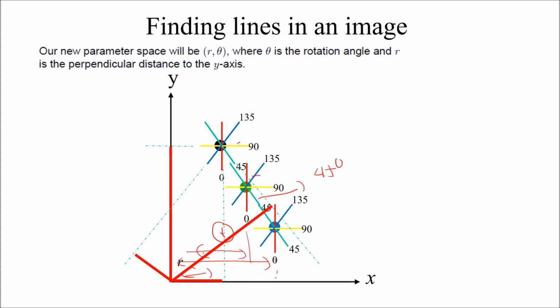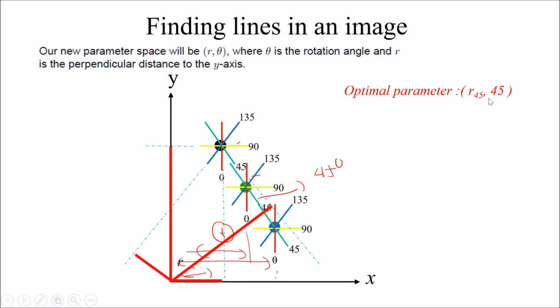So it's not consistent; the r calculated is not consistent for the zero angle. For the 45 angle, since this is 45 degrees, most of the calculation of r will be consistent. So we pick the most consistent value of r for every edge location.